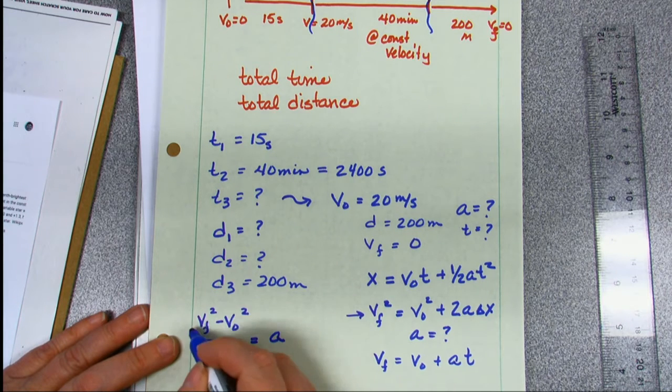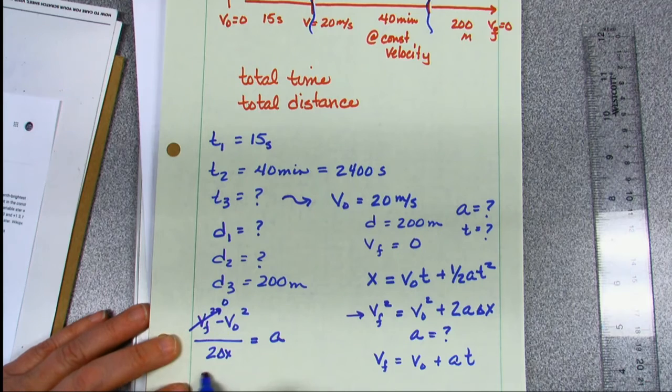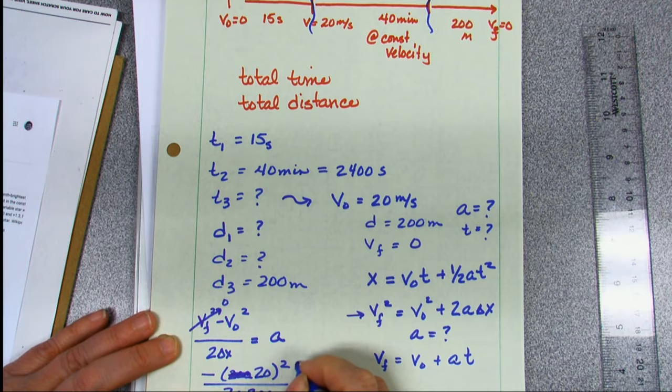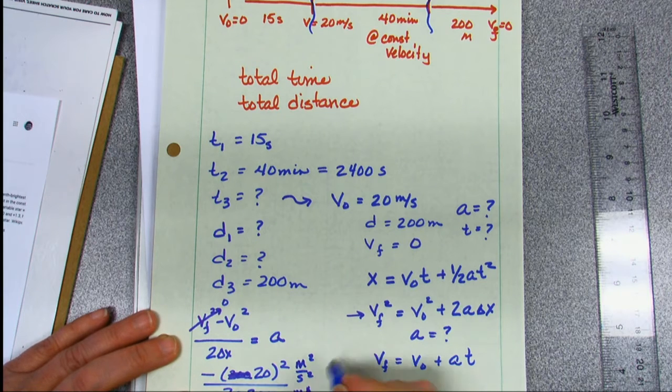In this case, my final velocity is 0, so this becomes 0 minus 20 squared divided by 2 times 200. Meters squared per second squared divided by meters gives an answer in meters per second squared.